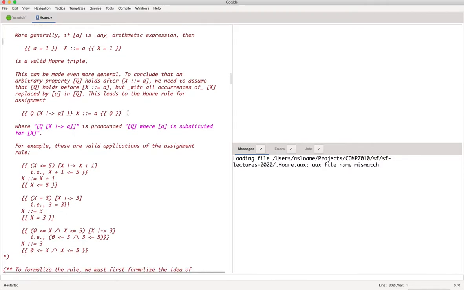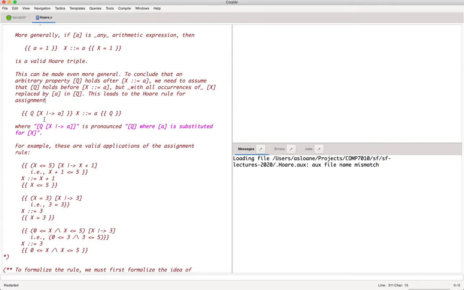get is this one, which says that the key to it all is the assertion that holds after the assignment has happened, and we can use the components of the assignment to get the assertion that must have held beforehand if Q is to hold afterwards. Now there's a bit more stuff going on here. So what is this square bracket arrow notation here?